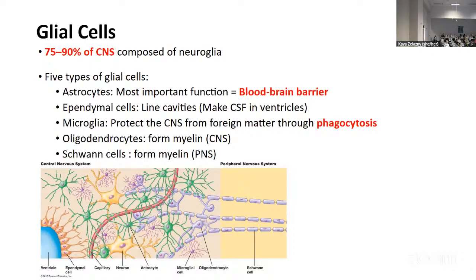Okay, so this was the sheet we went over on Monday, talking about our different types of glial cells that have supportive functions for our nervous system. We have our astrocytes forming our blood-brain barrier, making sure that we have control over what actually comes into contact with our nervous system. We have cells that make cerebrospinal fluid. So hopefully in lab, when you've looked at the brain, you got a chance to look at those ventricles, those hollow areas inside the brain.